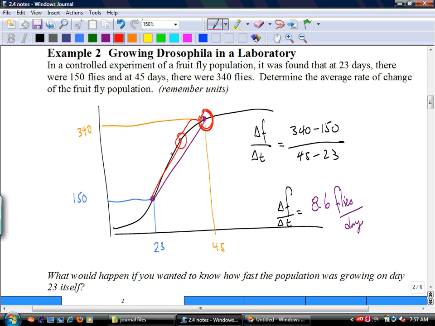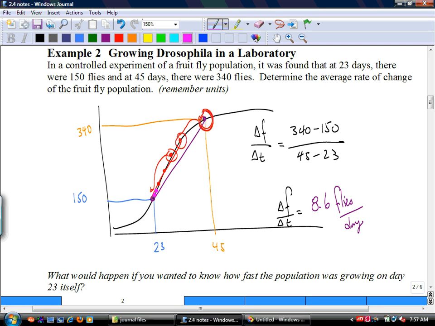Then I move the point back and draw a new secant line again, and keep doing this until the distance between those two points is 0.